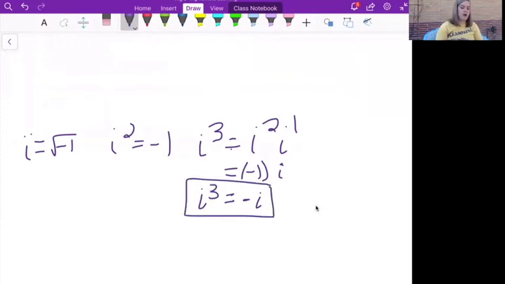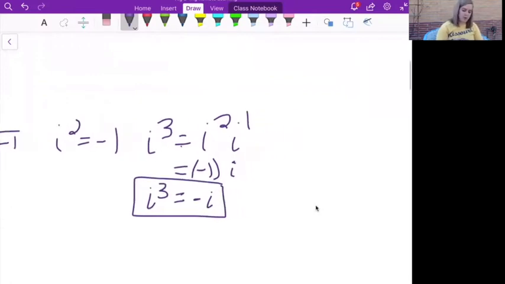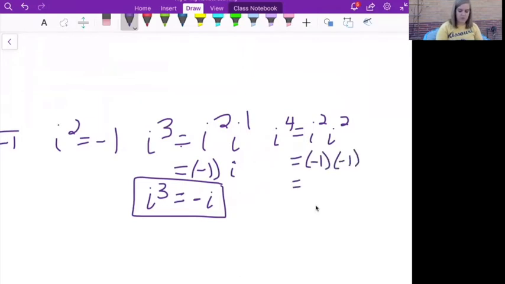And then for I to the 4th, we could break this down to be I squared times I squared. Well, I squared is -1, so this would be -1 times -1. And so then this would be just a positive 1. So I to the 4th equals 1.